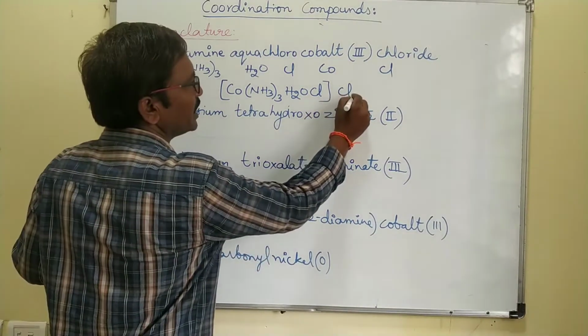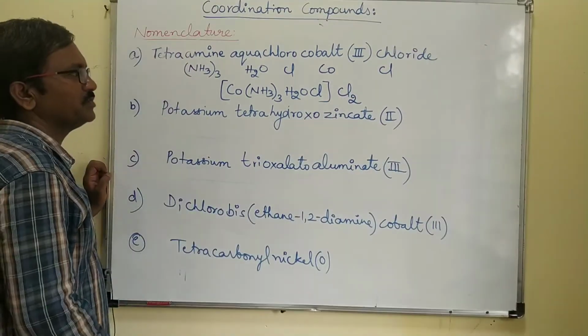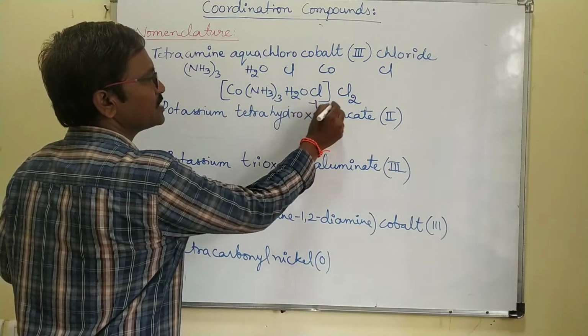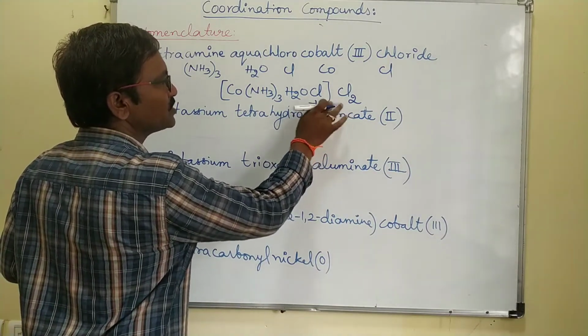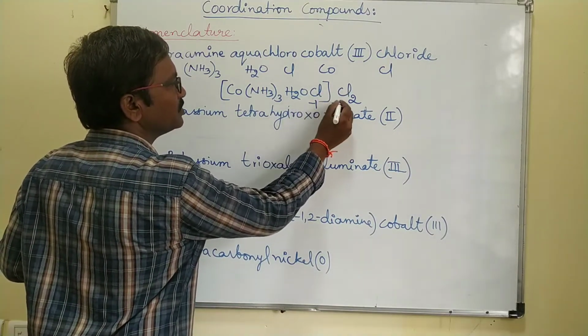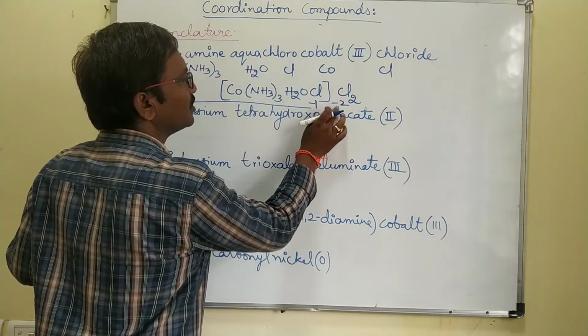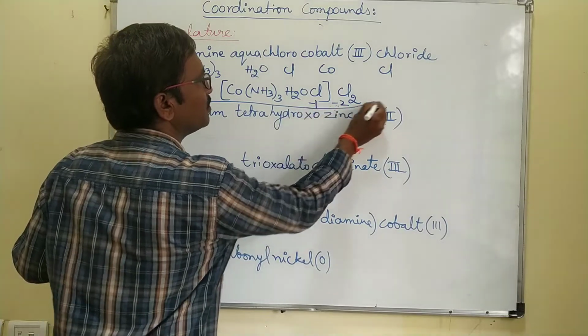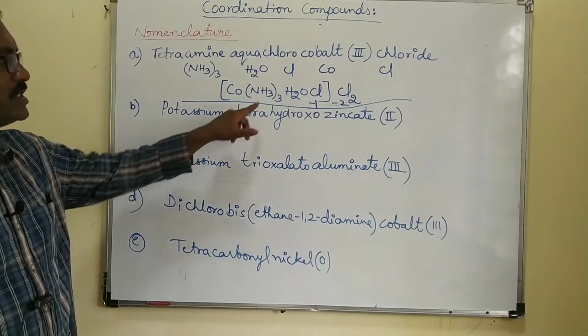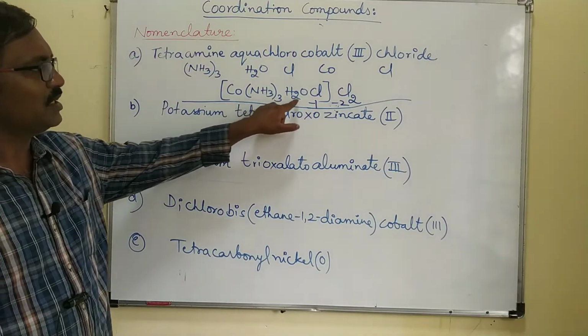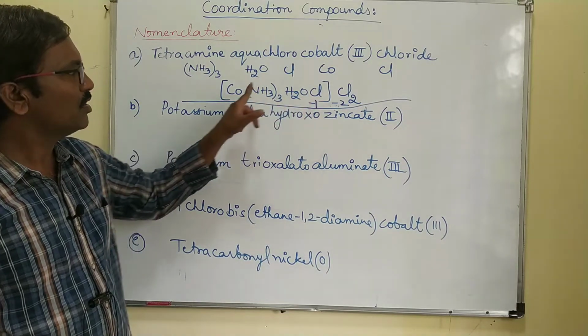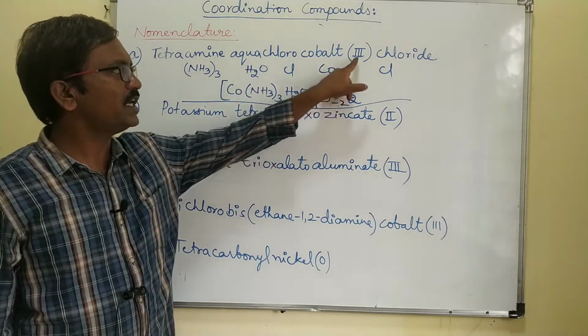That's why you have to write it as Cl2. Then this becomes minus 1, this becomes minus 2, this becomes minus 2, that's why cobalt becomes plus 3. Right, once again, tetraammine, aqua, chloro, cobalt 3 chloride.